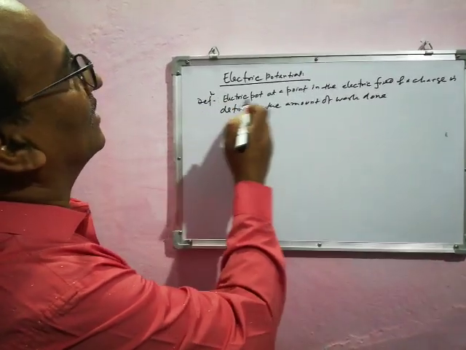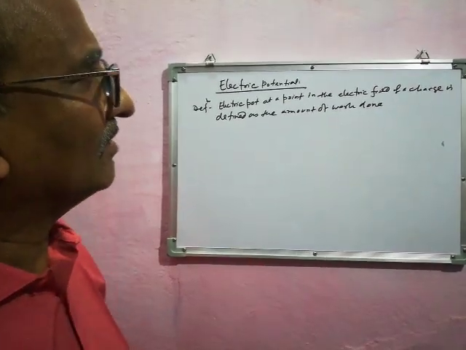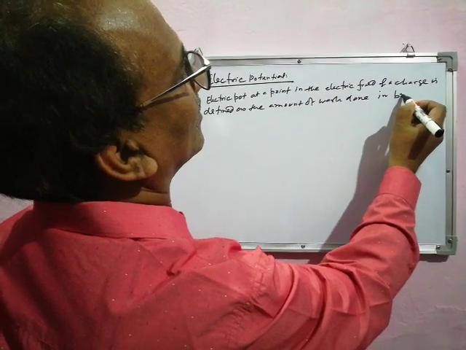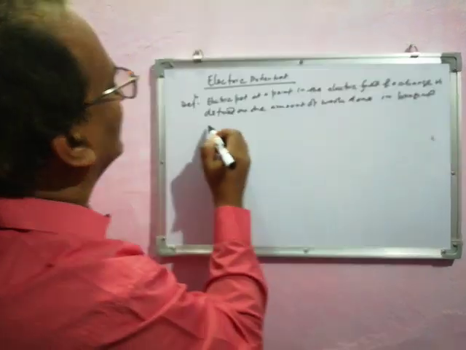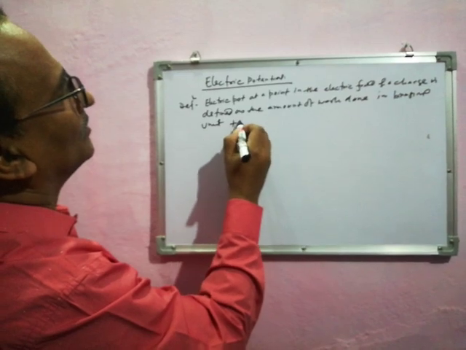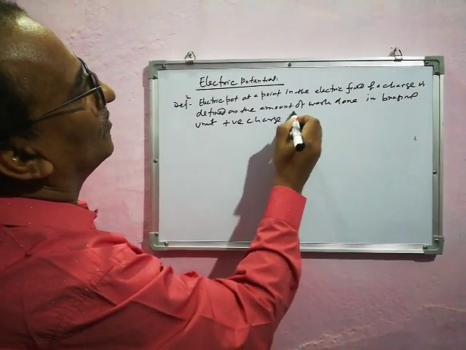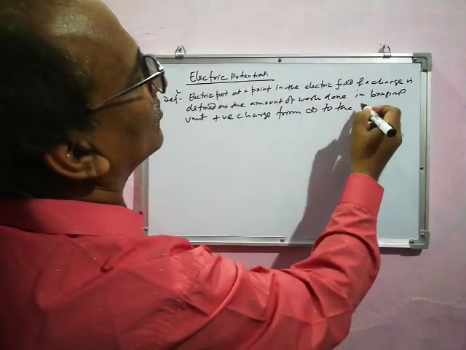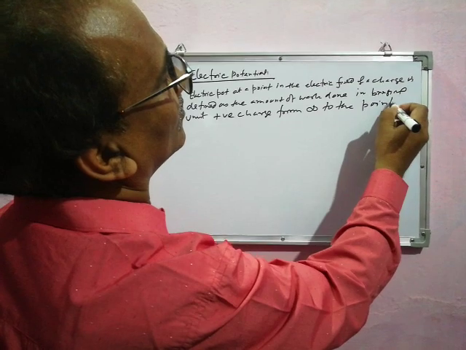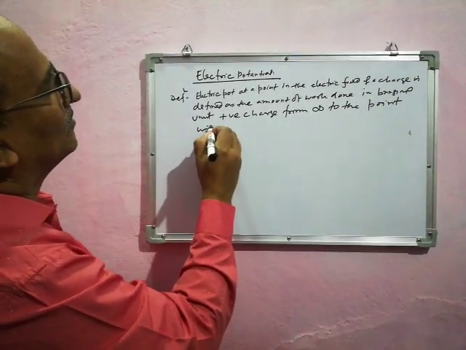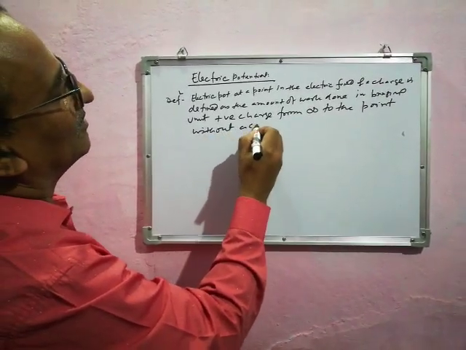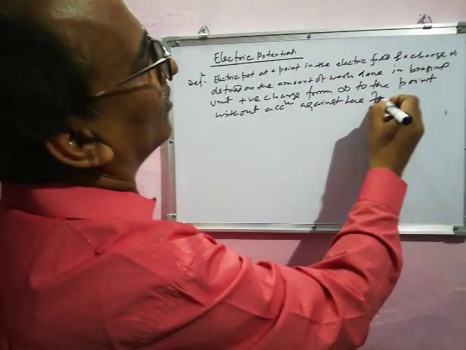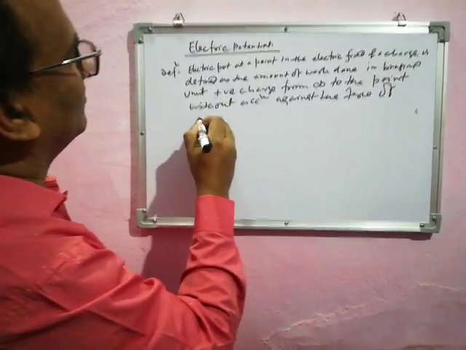Electric potential at a point in the electric field of a charge is defined as the amount of work done in bringing a unit positive charge from infinity to the point without acceleration and against the force of the electric field.